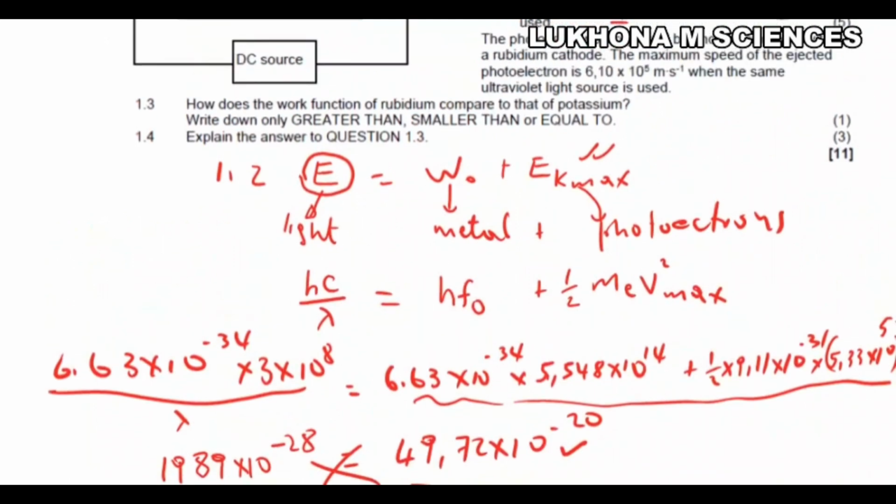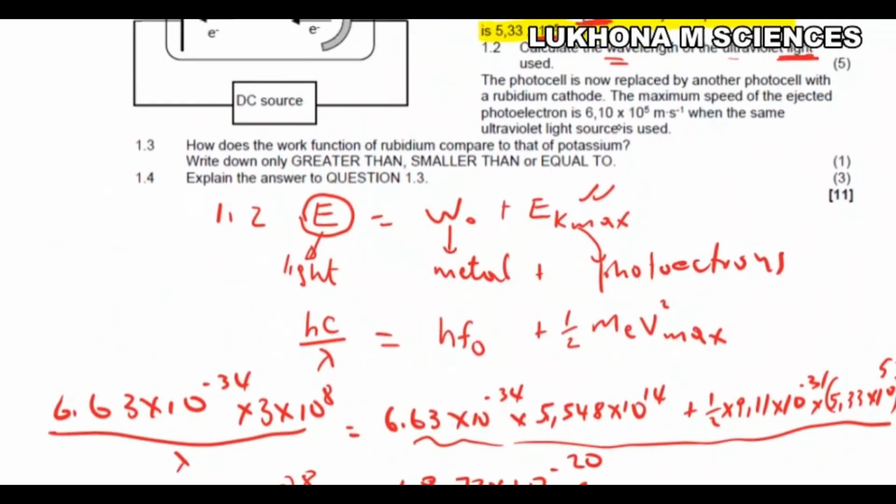The next question says the photocell is now replaced by another photocell with a rubidium cathode. The maximum speed of the ejected electron is now 6.10 times 10 to the power 5 meters per second when the same ultraviolet light source is used.